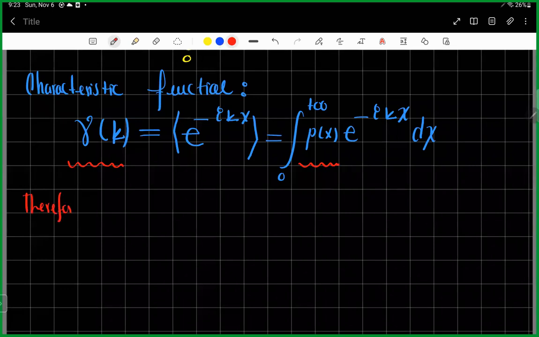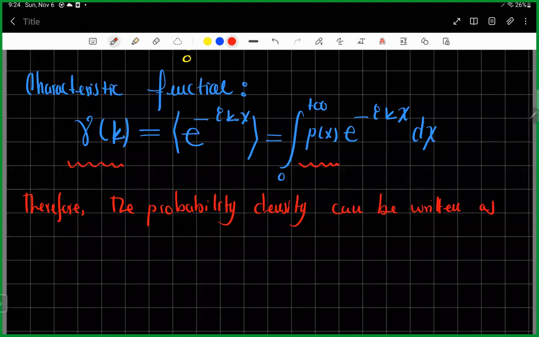Therefore, the probability density can be written as the inverse Fourier transform of gamma, or the Fourier transform.